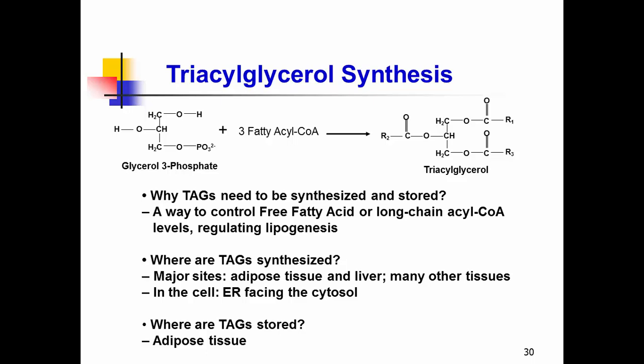So where are triglycerides synthesized? Which tissues are the main tissues for triglyceride synthesis? Adipose tissue, right? And the liver, and also many other tissues, including muscle, can also synthesize triglyceride.